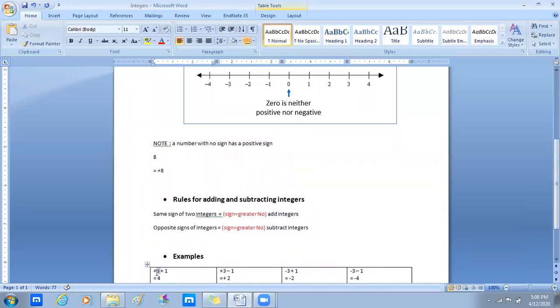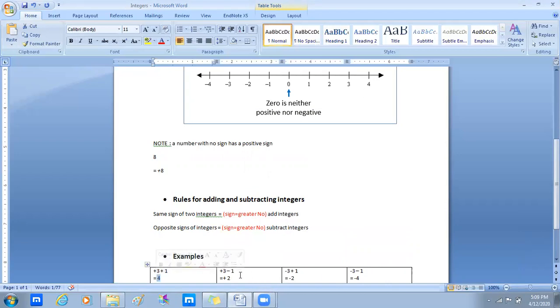If our first integer is 3, we are on 3 and we have to add 1 to it. So how many steps do we have to move forward? We have to move 1 step forward. We are already on 3 and we have to move 1 step forward. So our final answer will be 4.